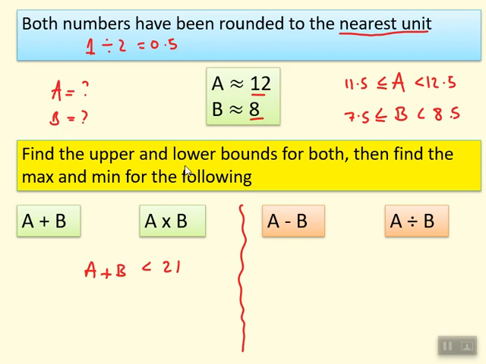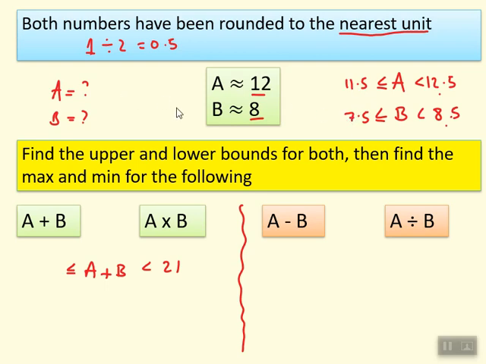So the largest outcome, just remember what we're doing. We don't know what A and B exactly are, but this is the largest A could be, and this is the largest B could be. So the largest value for A plus B would be those two added together. And then that would be the same if you want to work out the lowest value, you just add these two together, right?